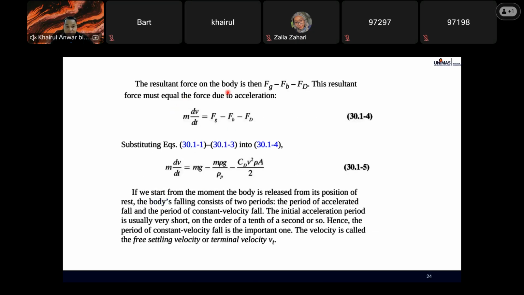So the resultant force on the body is then Fg minus Fb minus Fd. This resultant force must equal the force due to acceleration. So m dv over dt equal to Fg minus Fb minus Fd. Substituting 30.1-1 to 30.1-4, we get 30.1-5.